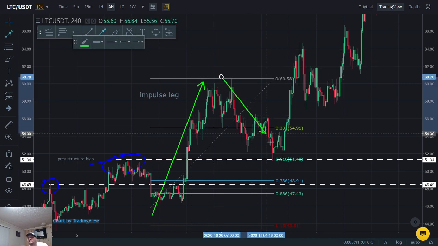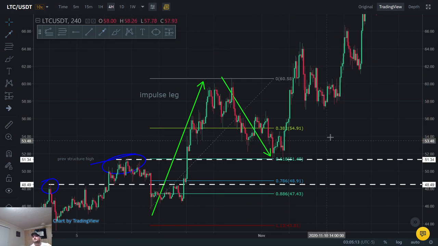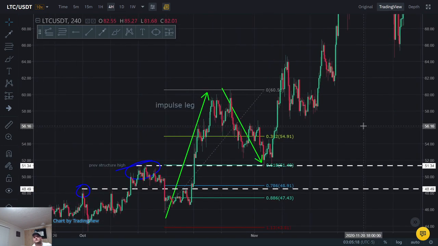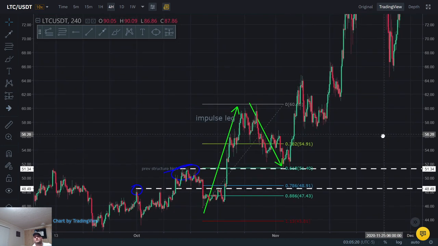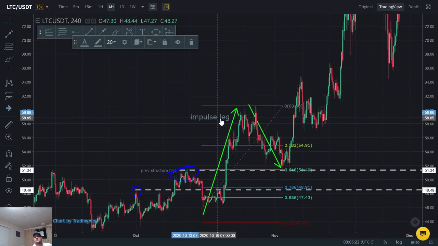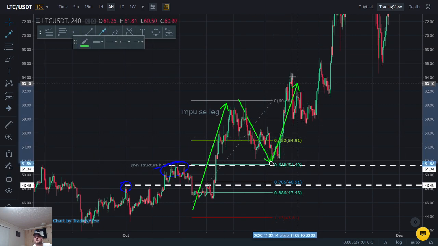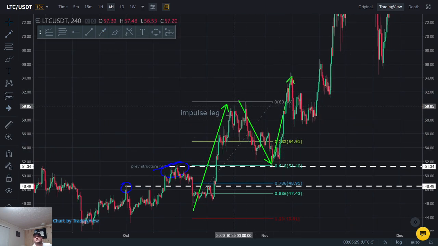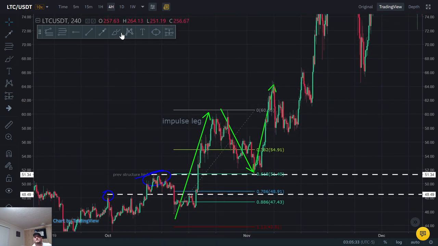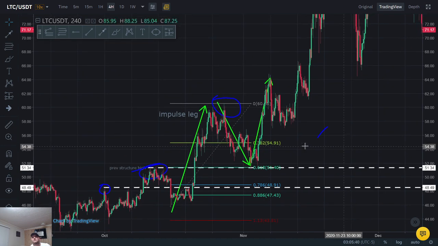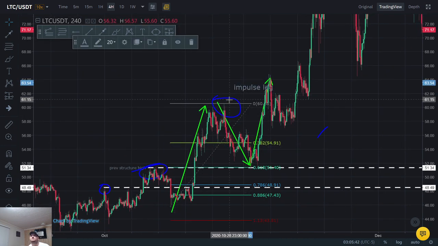Where did price pull back to? 51.40, right? Then we got another impulse leg because it broke previous structure high right here. So now we have a new impulse leg.